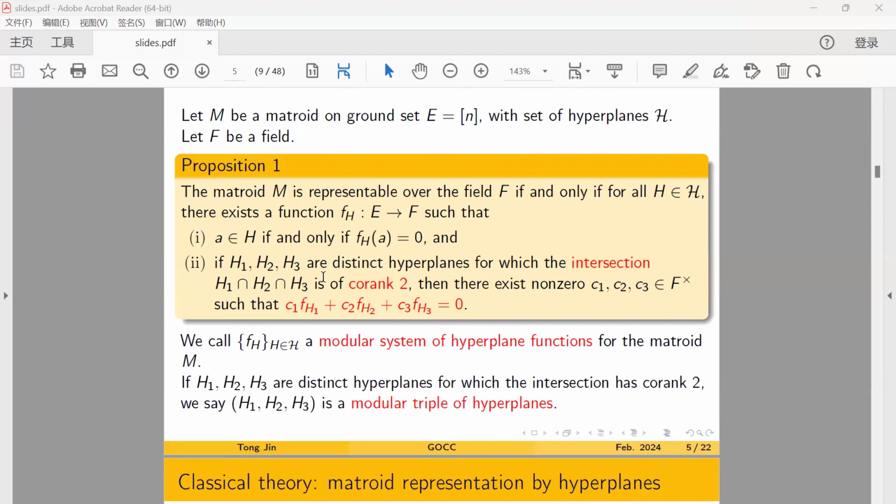That is, it has corank bigger than 2 or 3, bigger than anything you want, actually. So the thing is, you can have all possible corank intersections.